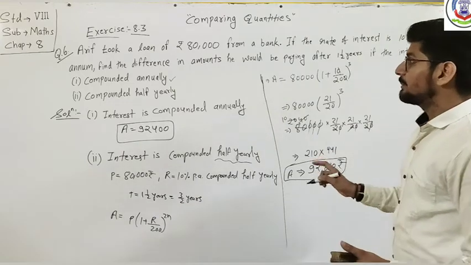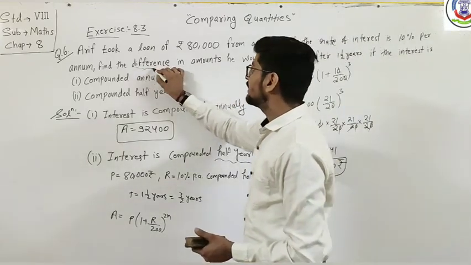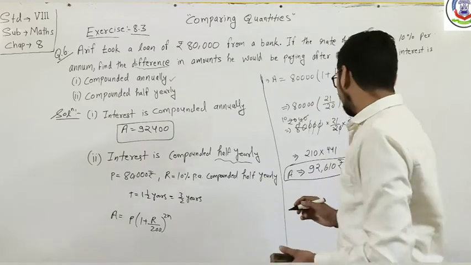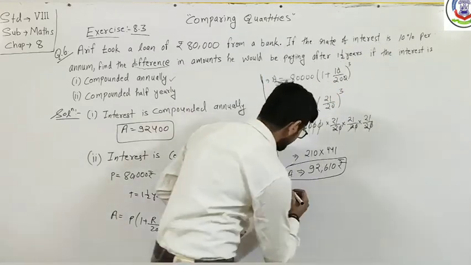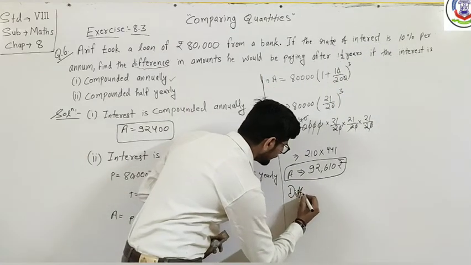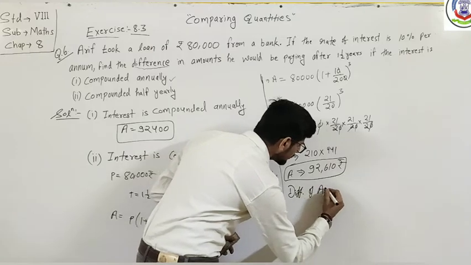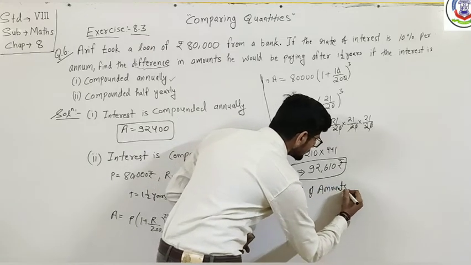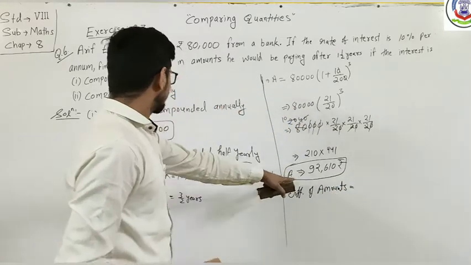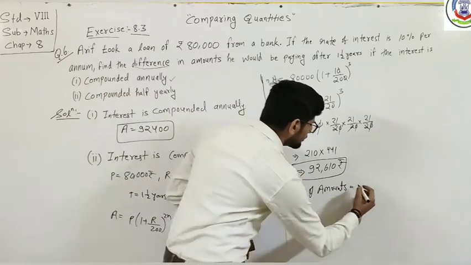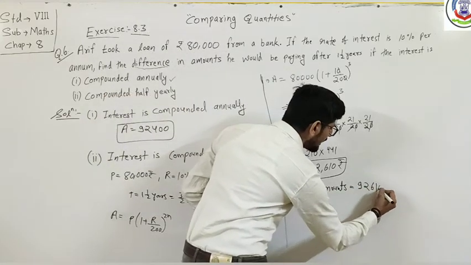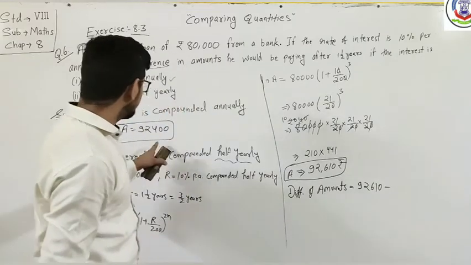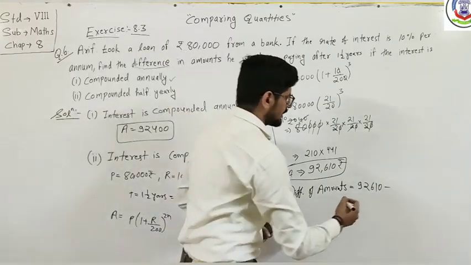Okay, but हमें इसका क्या चाहिए, find the difference. Okay, so difference of amounts is equal to, इसका अमाउंट कितना है 92,610 माइनस 92,400.